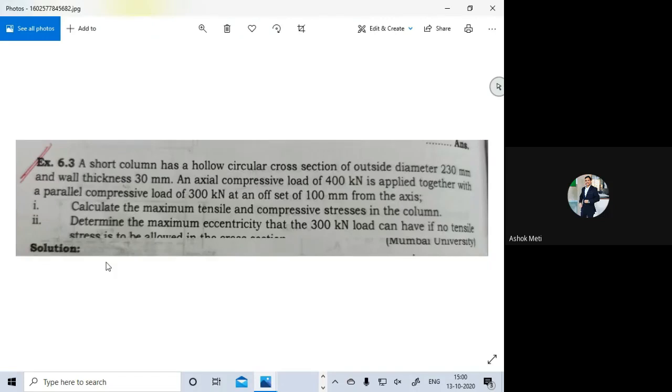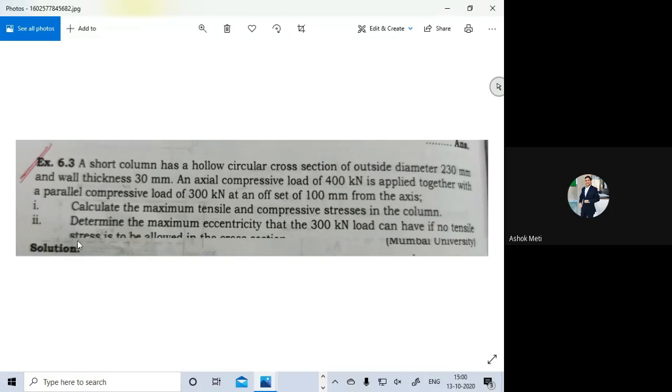Calculate the maximum tensile and compressive stresses in the column. Second case, determine the maximum eccentricity that the 300 kilonewton load can have if no tensile stress is allowed in the cross section.